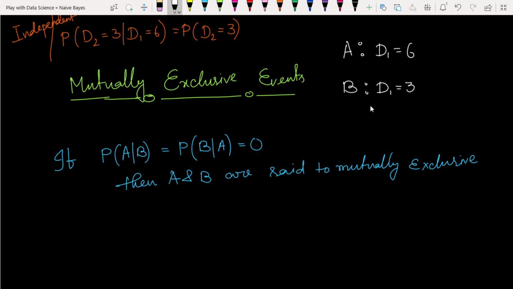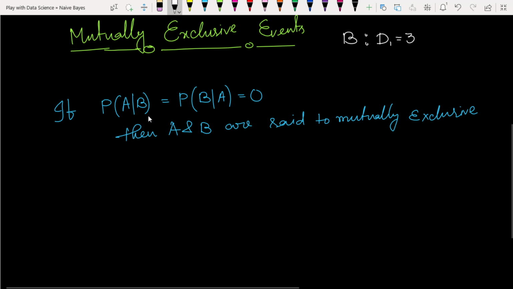Just see these two events. We are throwing one single die, and if we get the value 6 we call this event A, and if we get the value 3 we call this event B. Now let's see whether this is mutually exclusive or mutually independent.